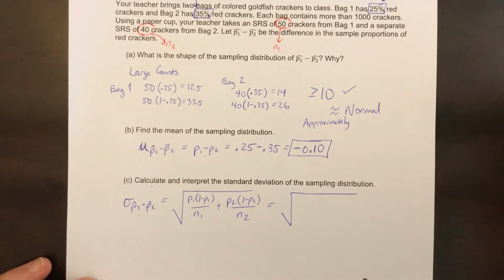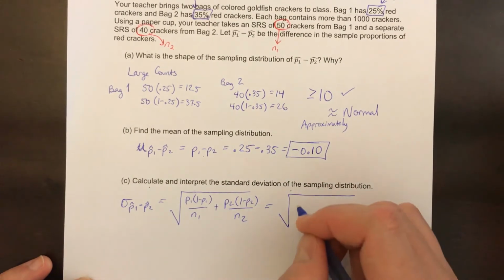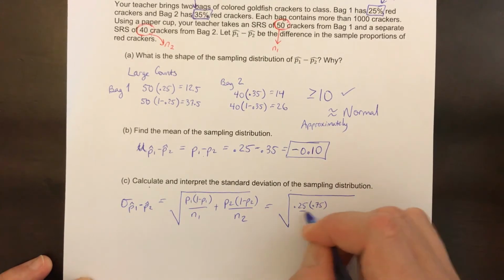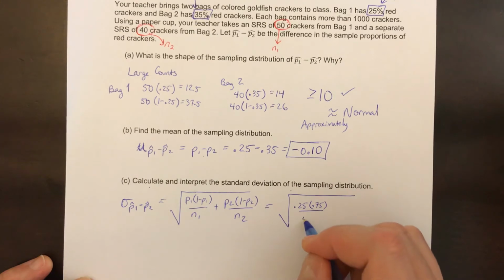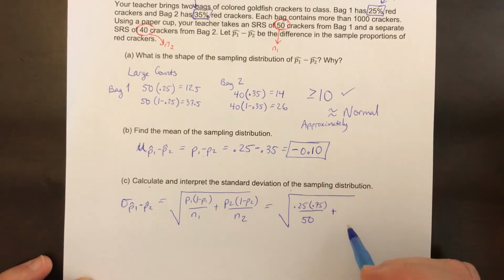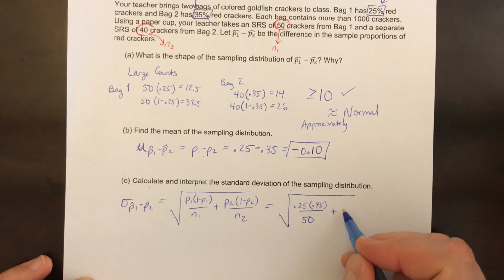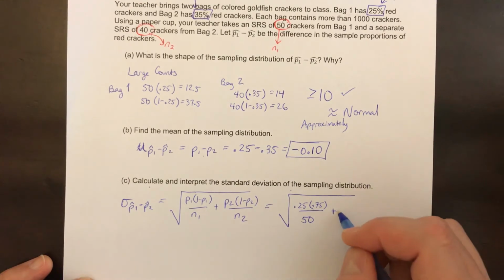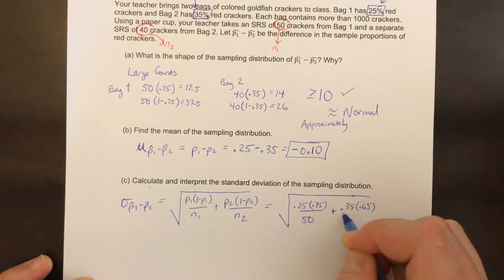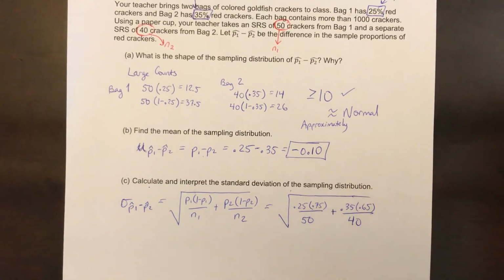Now we know the proportion in the first bag is 0.25, and then 1 minus that is 0.75, and we had 50 crackers in that sample, plus the second proportion was 0.35, 1 minus that is 0.65, and that had 40 crackers.